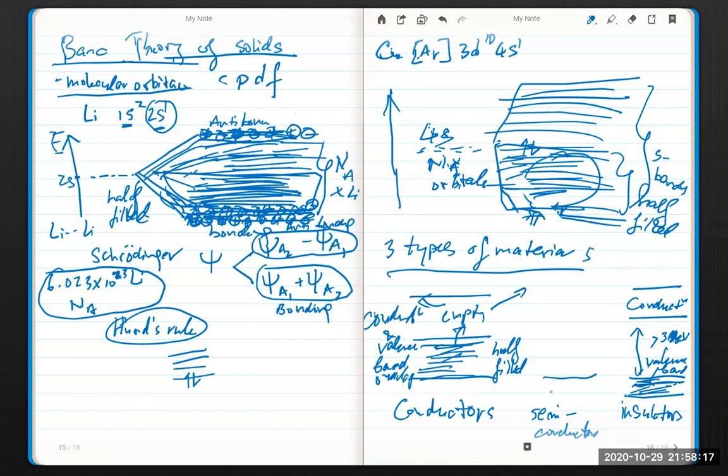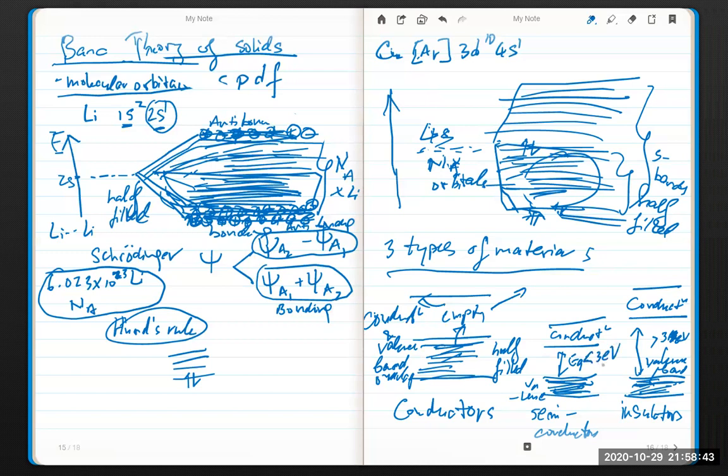Semiconductors are a special type of material, in the fourth group in the periodic table, where the valence band is at the bottom here, and the conduction band is over here, initially empty. You have this gap, the band gap, which is less than 3 electron volt.